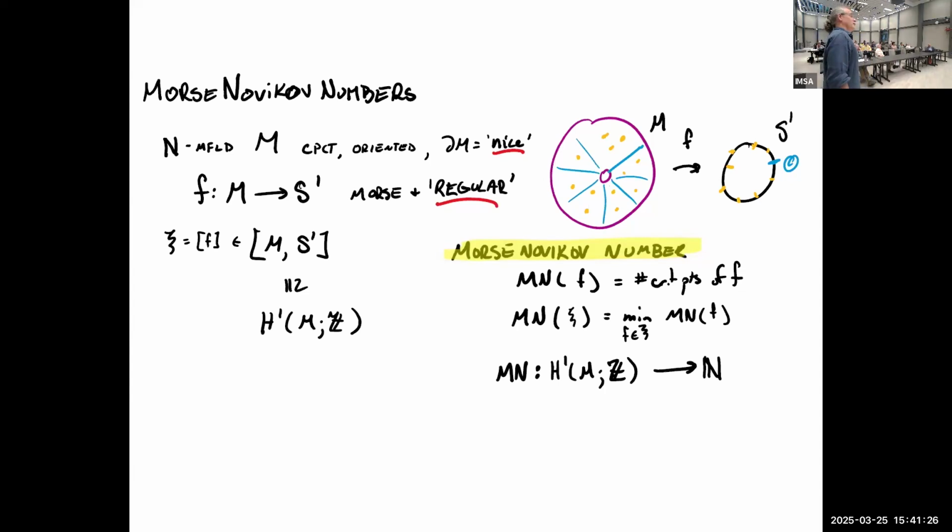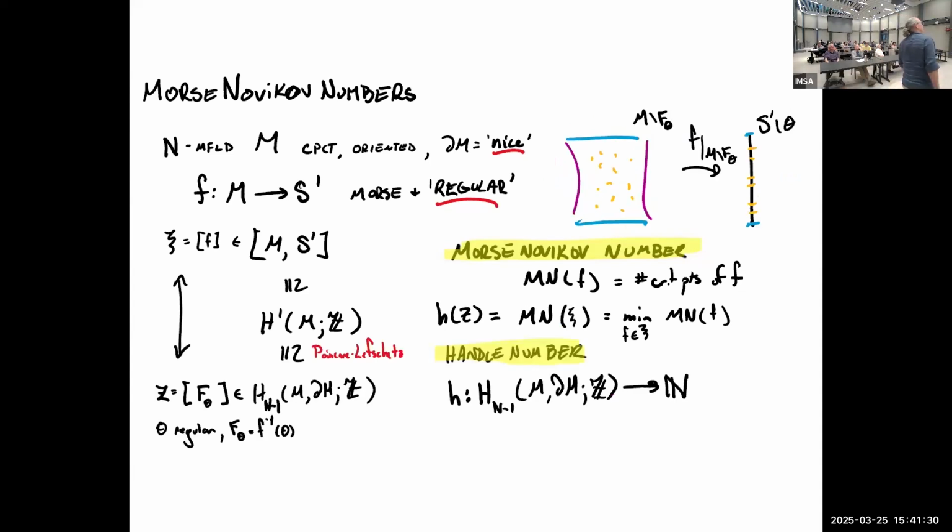Anyway, I might as well mention Lefschetz here. By doing Poincaré-Lefschetz duality, we can view these cohomology classes in terms of N-1 relative homology classes.